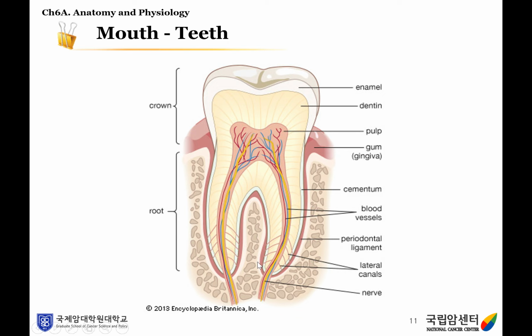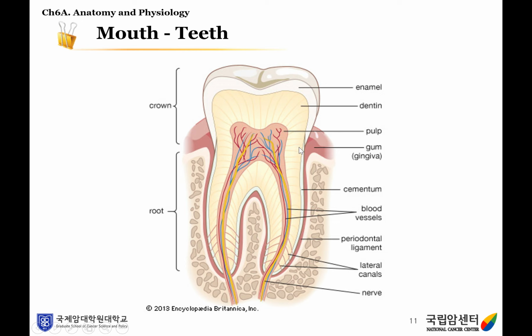This figure shows the structure of the teeth. In the upper part, there is a crown, and in the lower part, there is a root. As for the crown, there are several layers. In the outer layer, there is enamel, and inside there is dentin and pulp.